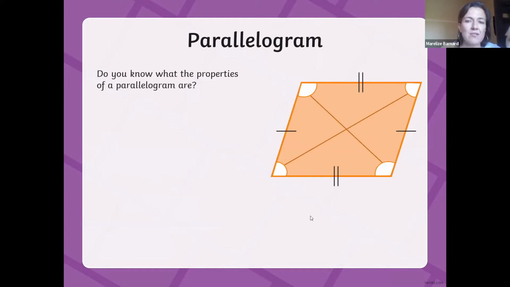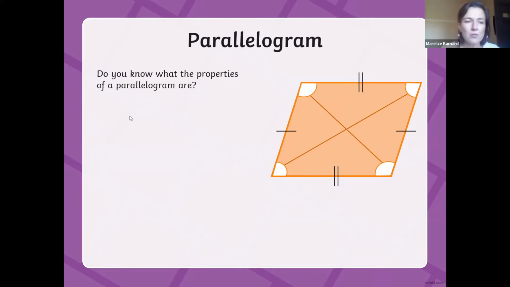What are the properties of a parallelogram? Put it in the chat if you know some of the properties. Both pairs of opposite sides are parallel. Kuhle says yes. Nokotula, if we say parallel sides, we must say which ones are parallel. The opposite sides, Eunice, that's right. What else?